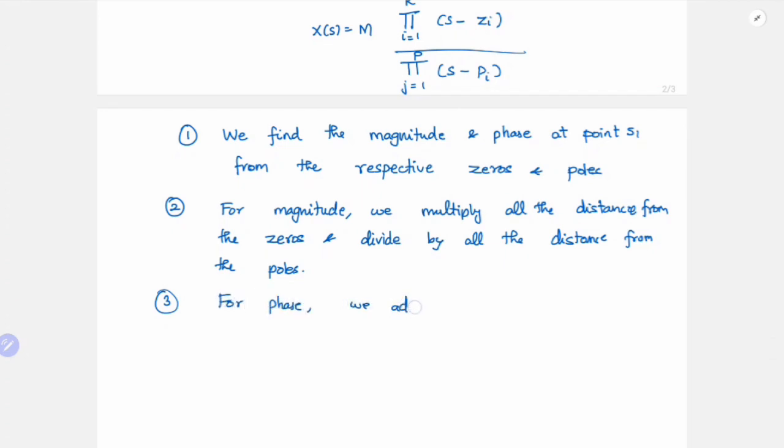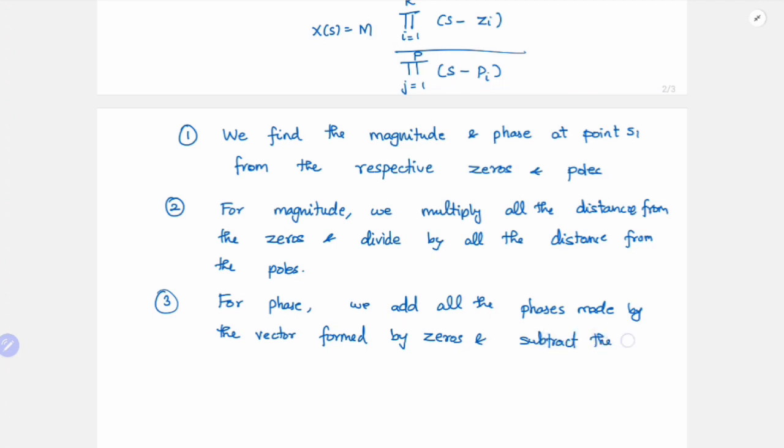We add all the phases made by the vectors formed by zeros and subtract the phases made by the vectors formed by poles.